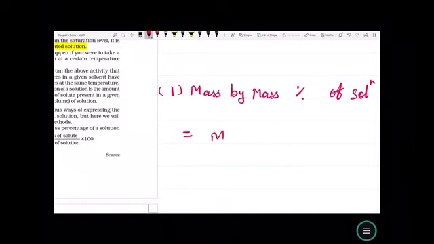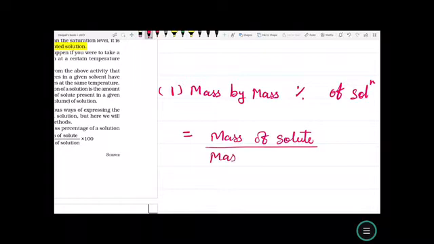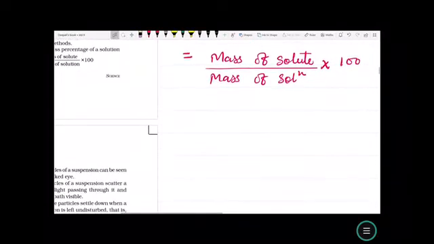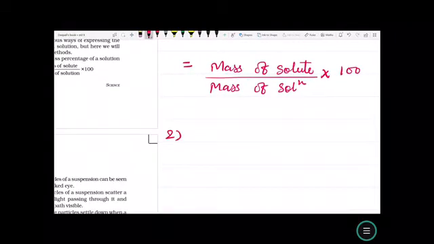So always remember, this will be equal to mass of solute upon mass of solution, mass by mass, into percentage means 100.